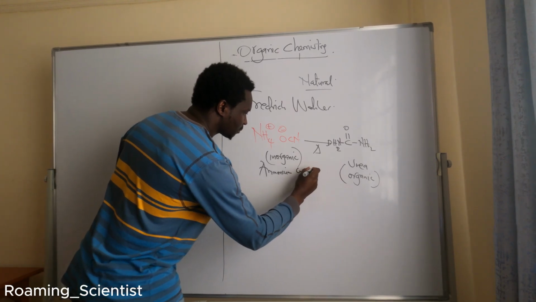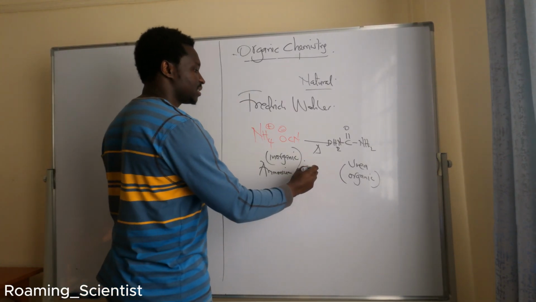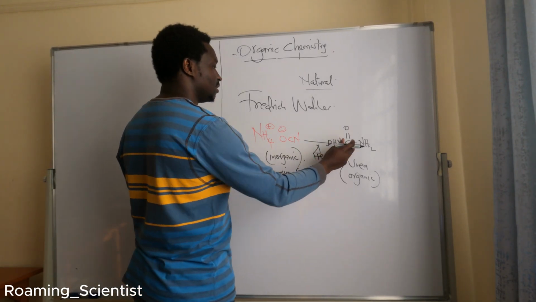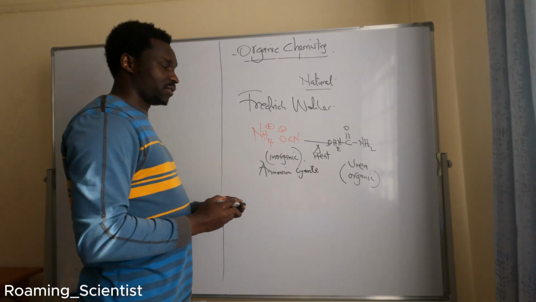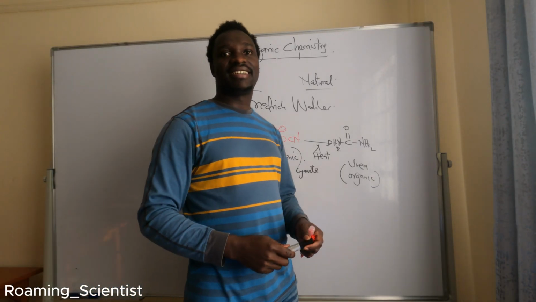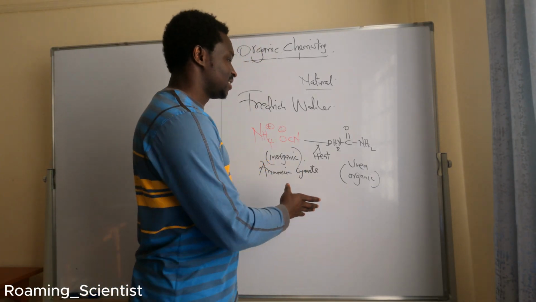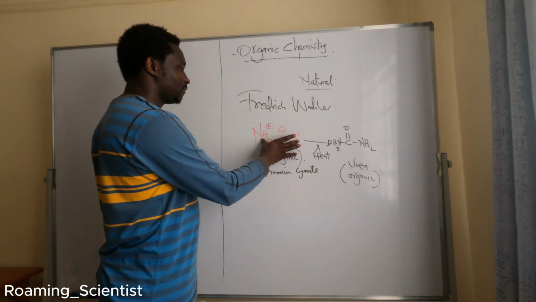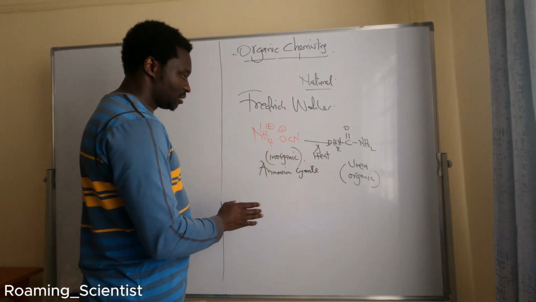We just heat it, and we form urea. So if you want to start a urea plant, this is the process. Now let me show you how to get here.